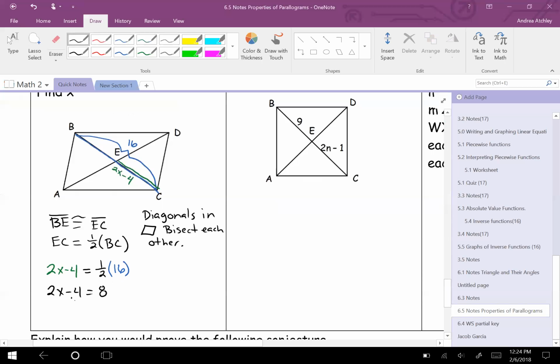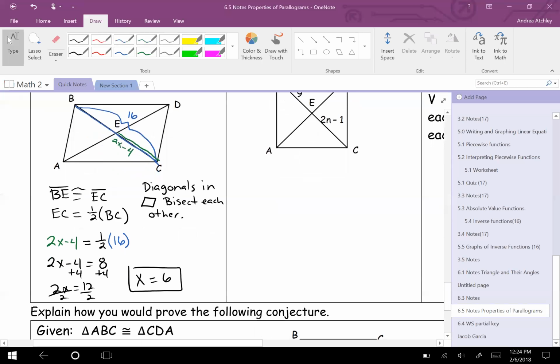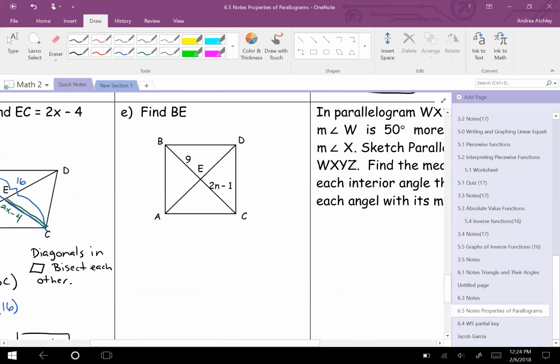I'm going to add 4 to both sides. I'm going to get 2x equals 12. Divide by 2, divide by 2. I get x equals 6. Any questions over that? Okay, the next one.